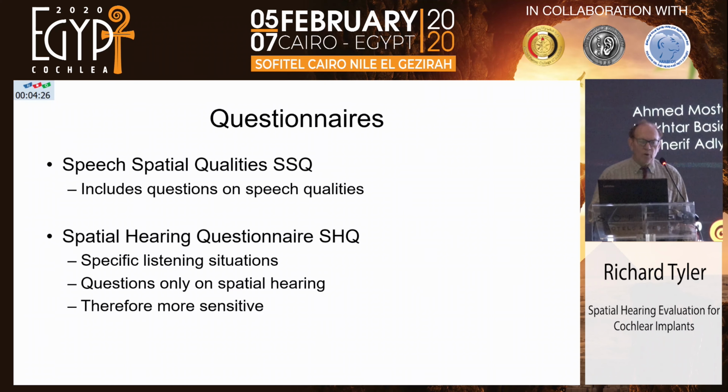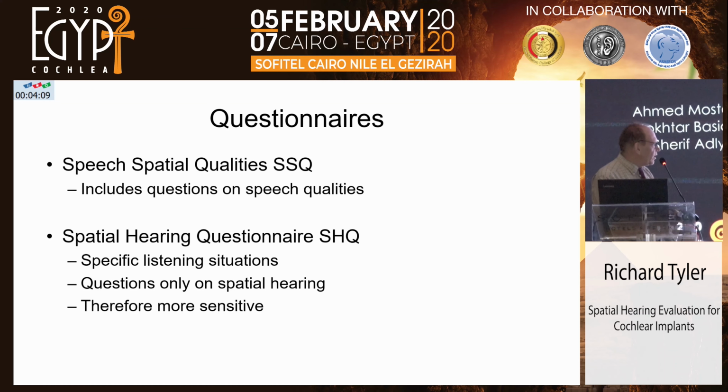We've also developed a questionnaire. A commonly used one is the Speech Spatial Qualities Questionnaire, but that questionnaire has questions on the quality of speech, which I think makes it less sensitive to spatial hearing.